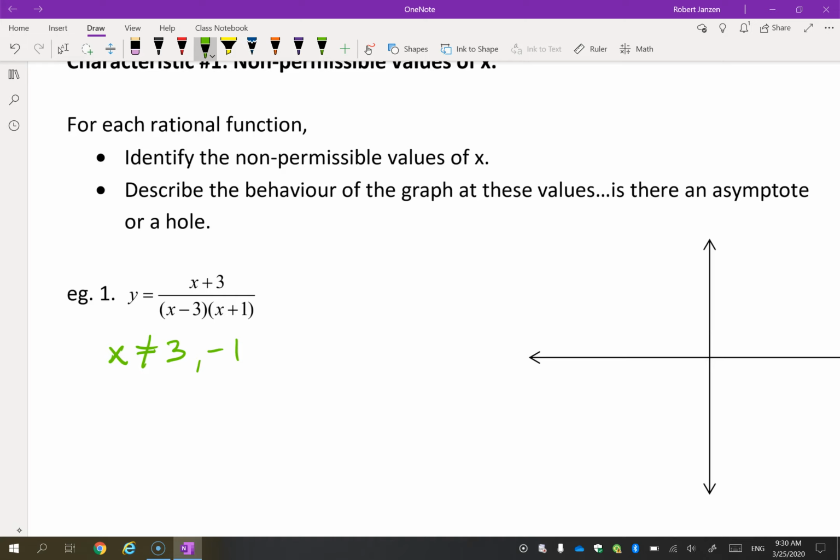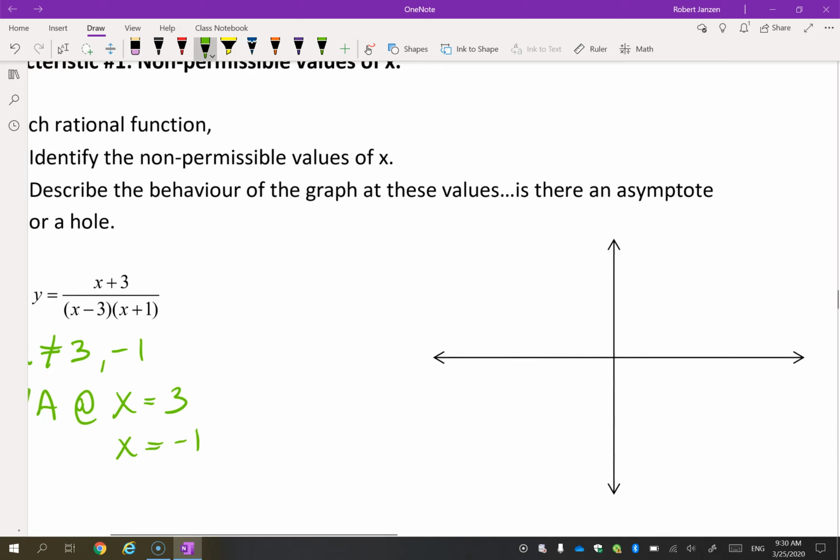Well, because there's no factor that cancels out, we're going to have a vertical asymptote at x equals 3 and at x equals negative 1. So that's how you would start your graph. You would draw a vertical asymptote at x equals negative 1 and x equals 3.